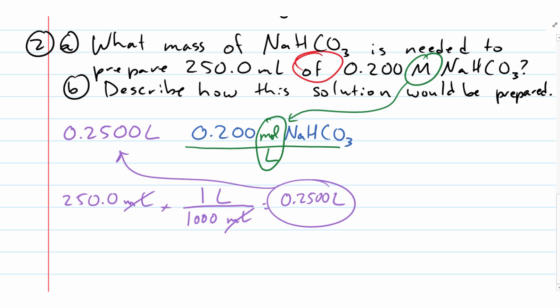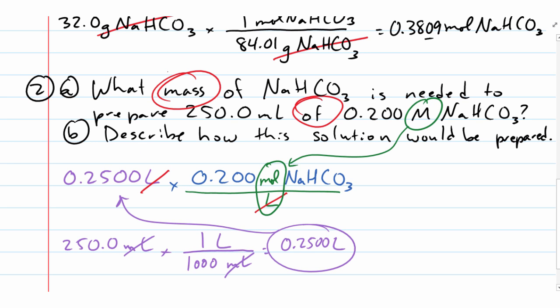Well, now once we've done that, we should be set up to solve this problem. So to solve it now, liters are going to cancel out. And once liters cancel out, we have units of moles. But of course now we're not looking for moles, we're looking for mass. And mass is measured in units of grams.